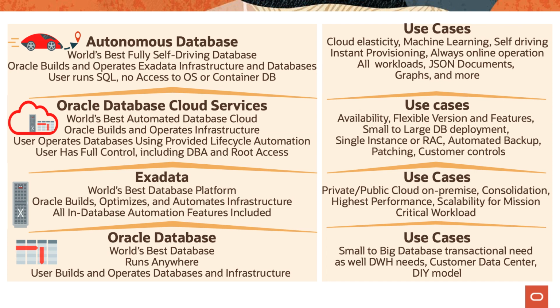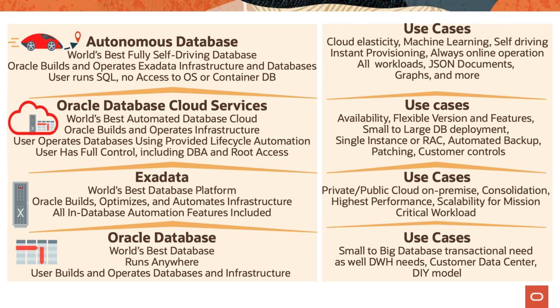The next one here is Exadata, which is the world's best database platform. In this, Oracle will build, optimize, and automate the infrastructure deployment. All in-database automation features are included. The customer is responsible for provisioning the databases and managing the databases here as well.